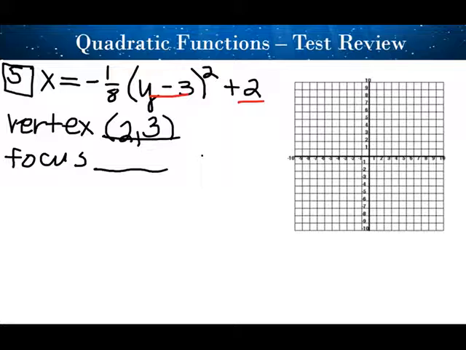I'm going to actually use 4p equals -8. And so p equals -2. P is how much I'm going to count. So let's go ahead and plot the vertex. The vertex is at 2, 3. So right here.